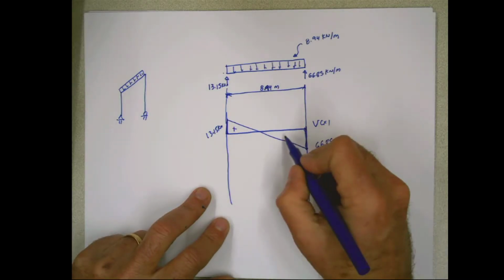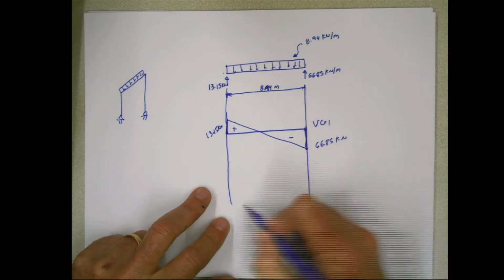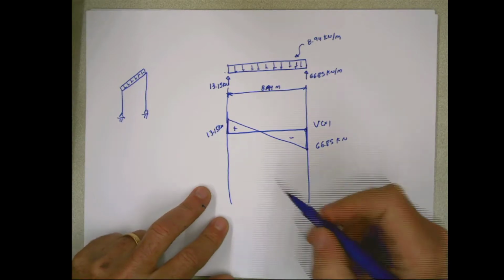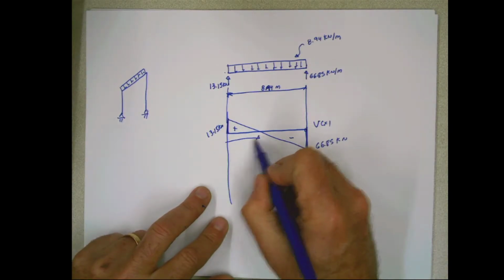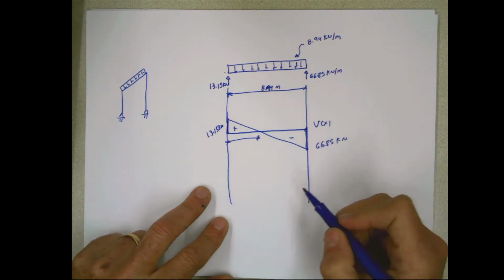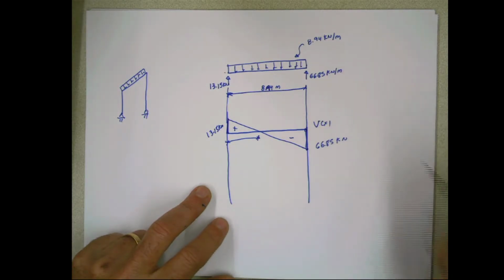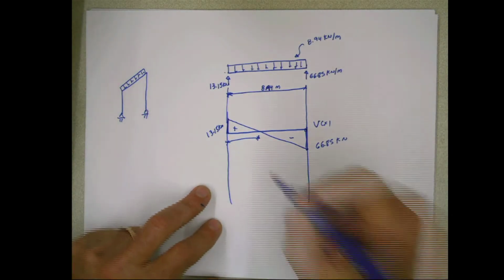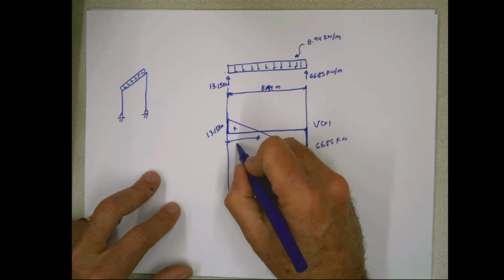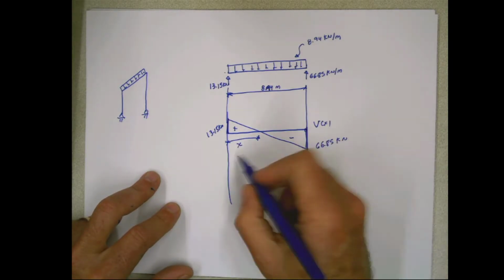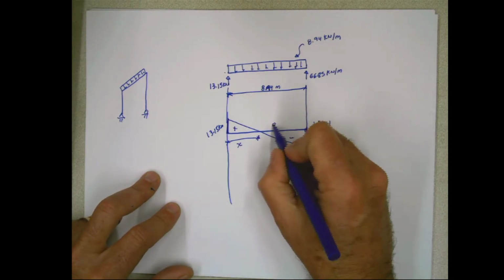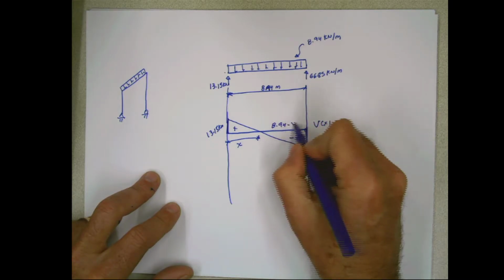Given this positive and negative, when you want to build the moment diagram, you need to find this distance here. You have several ways of finding that distance. You can call this x, and if this is x, this other distance is going to be 8.94 minus x.